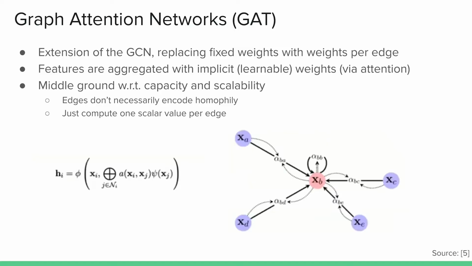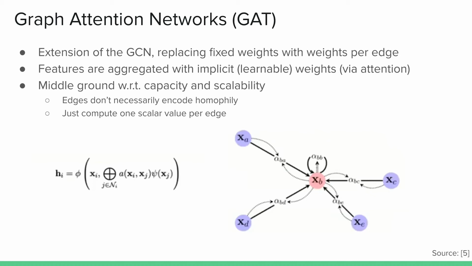Now that we've seen in great detail how graph convolutional neural networks work, let's take one step up. The next flavor that we can have to build such a G function would be graph attention networks. It's an extension where we're replacing those fixed weights, with which we multiply our neighbors, with actual learned weights. So the features are now aggregated with this implicit weight that we learn via an attention mechanism.